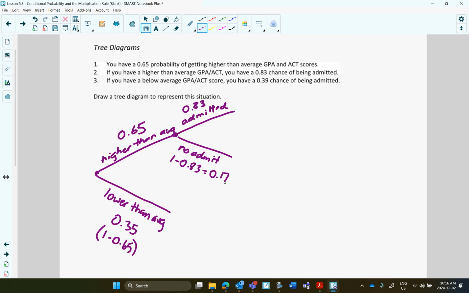Now we go to the below branch. If you've got a lower than average GPA, it kind of makes sense that you would have less of a chance of being admitted. But there still is a chance, and it's 0.39.